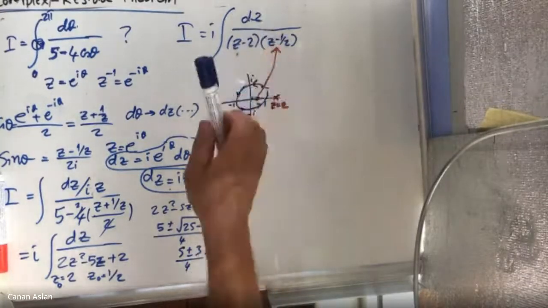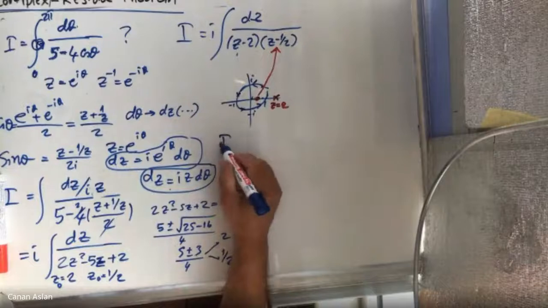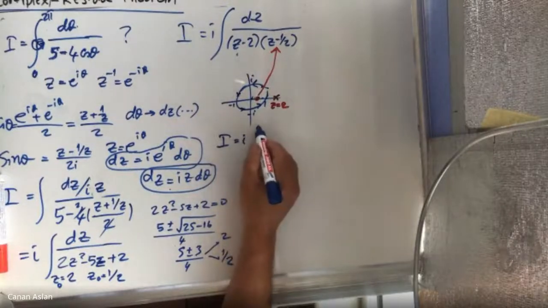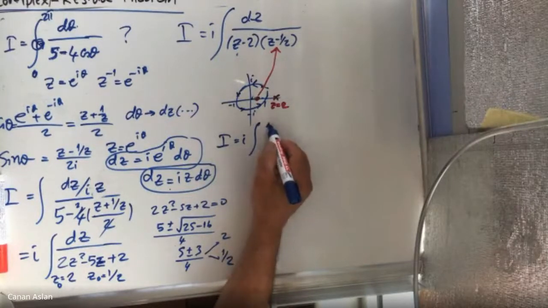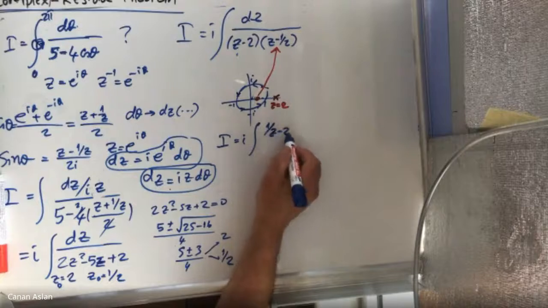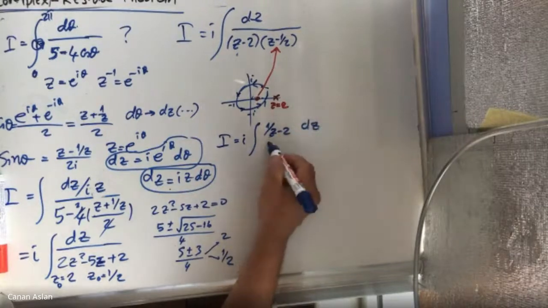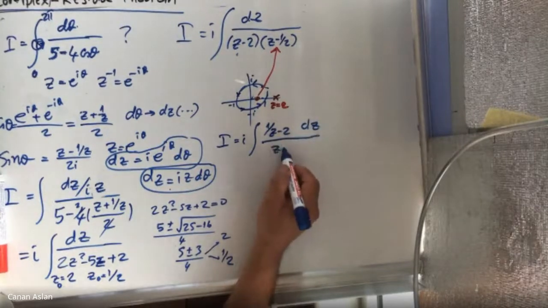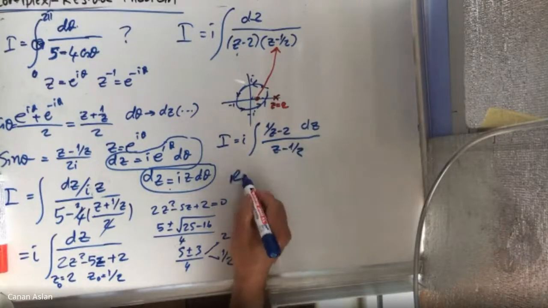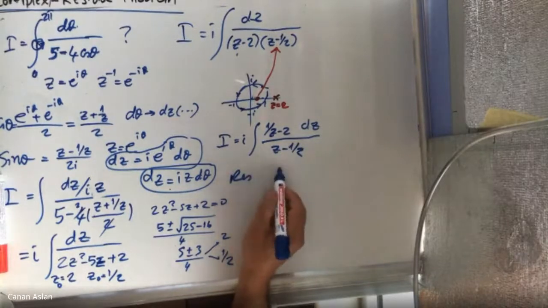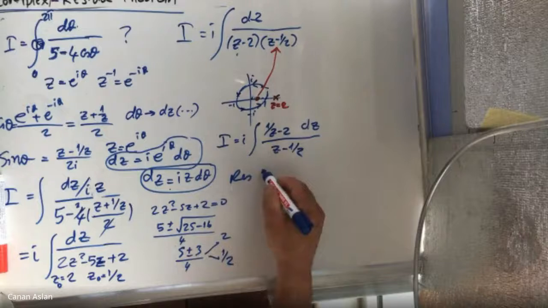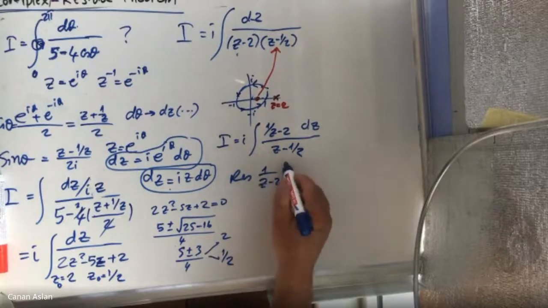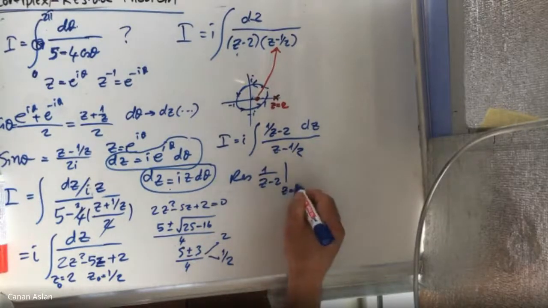Treat this function as the numerator. So now this is written as I, don't forget the i on the top, so 1 over (z minus 2) times dz divided by (z minus 1/2). So the residue of this function is given by just 1 over (z minus 2) evaluated at z equals 1/2.